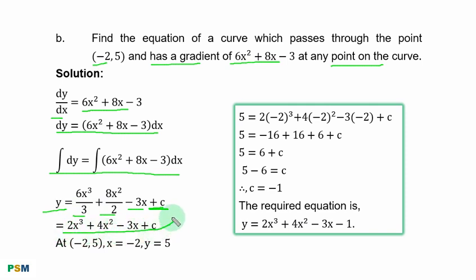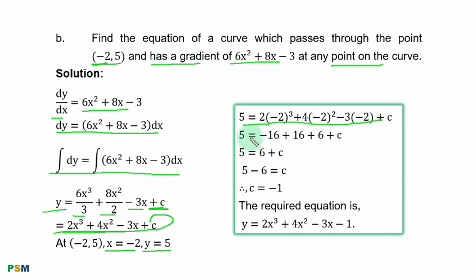We need to get c, and you have this ordered pair, which means s is equal to minus 2, y is equal to 5. You come here and replace s and y with minus 2 and 5 respectively. You have this result.